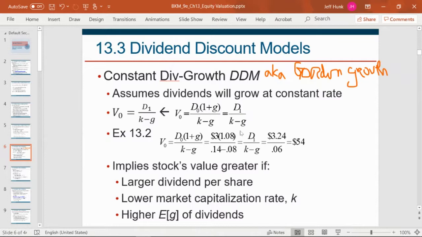But our question is, we all understand what this model means. D1 is the dividend at time t plus 1.